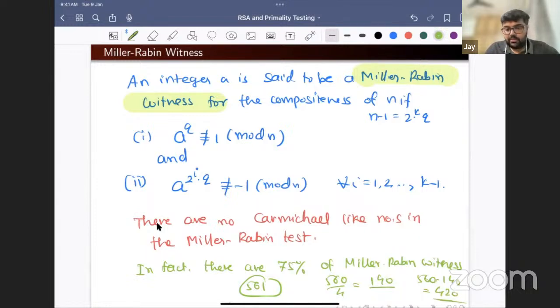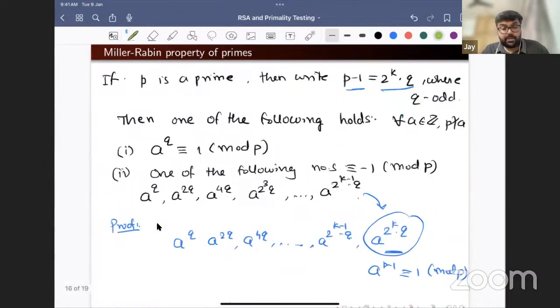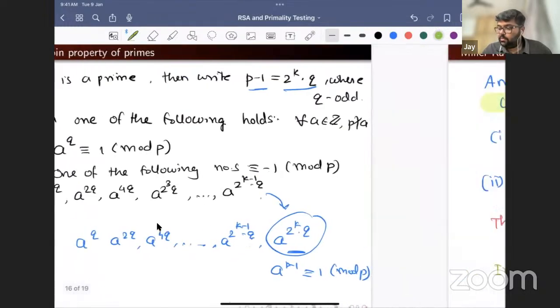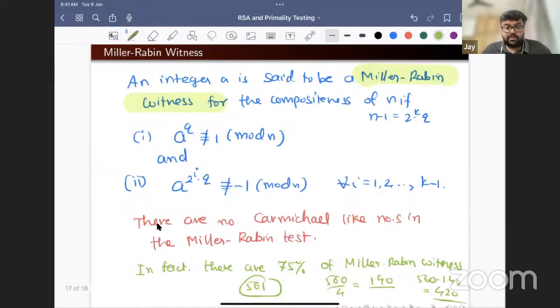So there are high chances that if I start with a equals 2 and use this property, I may get a witness. If 2 satisfies this Miller-Rabin property of primes, 2 is not a witness, I can move to 3, to 4, but there is a good chance that I'll find a witness, because 3/4 of the numbers from 1 to n are witnesses.